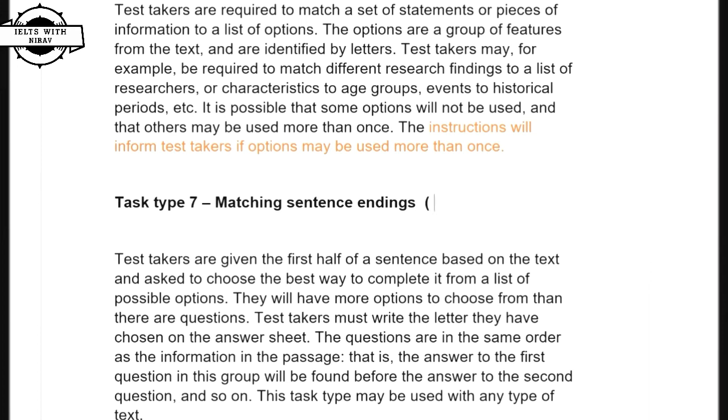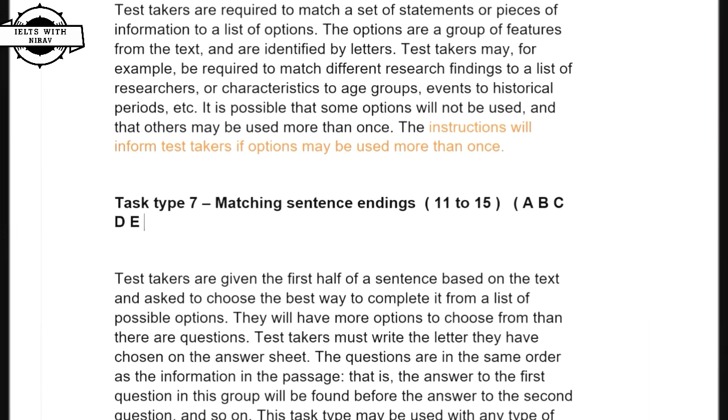You have questions number 11 to 15, and for that you have multiple options like A, B, C, D, E, F, G, H and I. So now you have 11, 12, 13, 14 and 15, 5 questions, and for that you have 9 options.